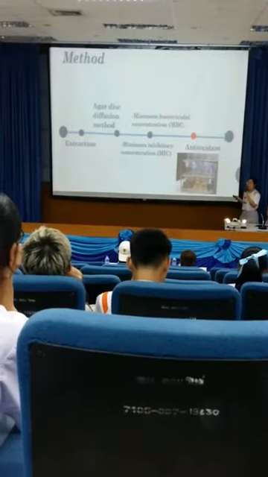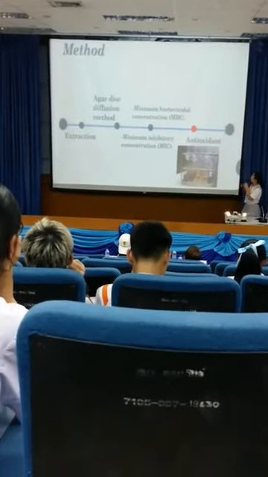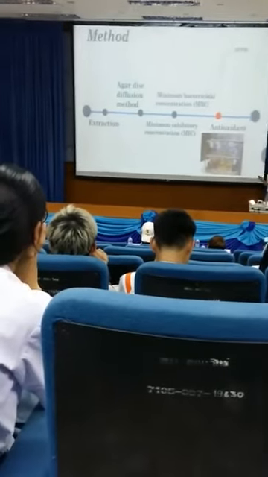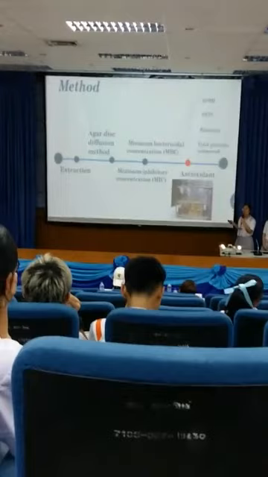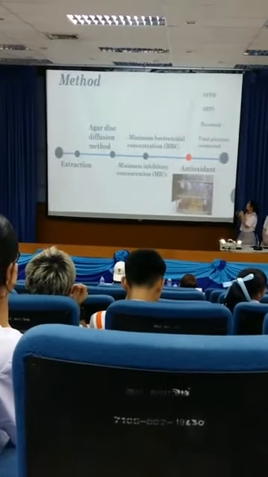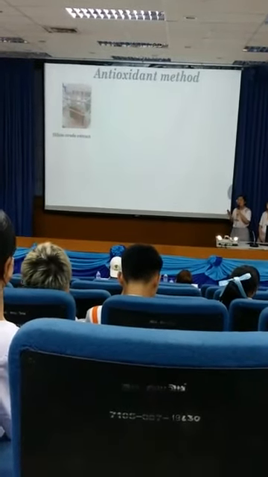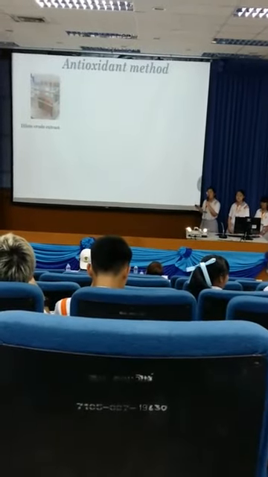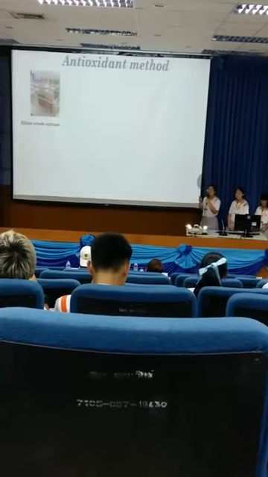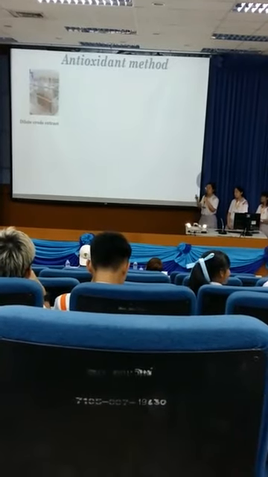And next, we will find the antioxidant in the extract by 4 methods. First is the flavonoid method, second is the ABTS method, third is the DPPH method, and fourth is the total phenolic compound method. These 4 methods have the same procedure. Their differences are the solution and the time that we have to leave it at room temperature.